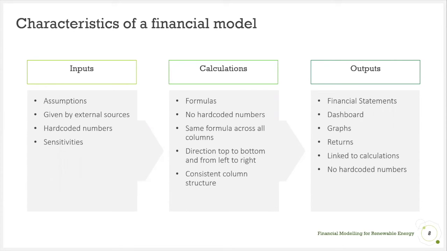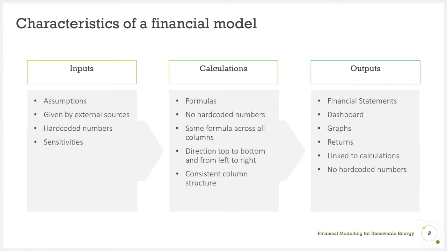Also, this is quite obvious, but I will mention it because it's also quite important. The direction of the model needs to go from top to bottom and left to right. So please do not go the other way around, right to left or something like that, because it's not the way Excel was built. So please be consistent on this.